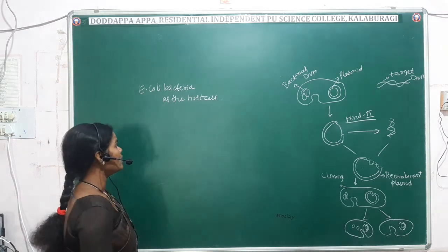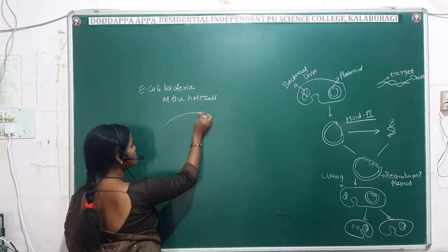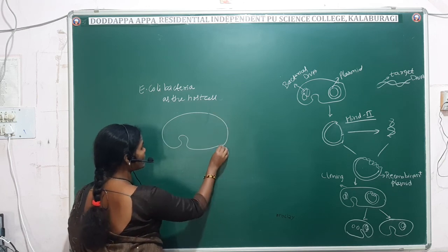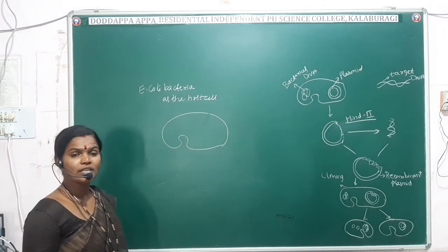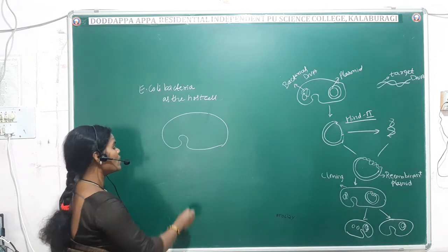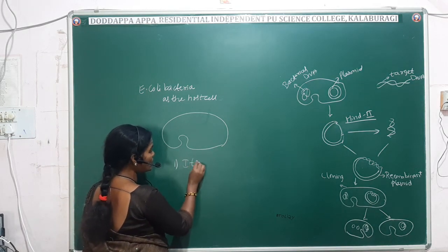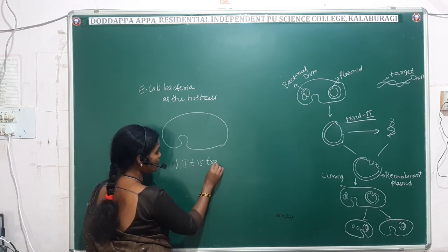Before the insertion of the recombinant plasmid inside the E. coli bacteria, what treatment is done? First, the E. coli bacteria is taken and treated with cold calcium chloride solution.